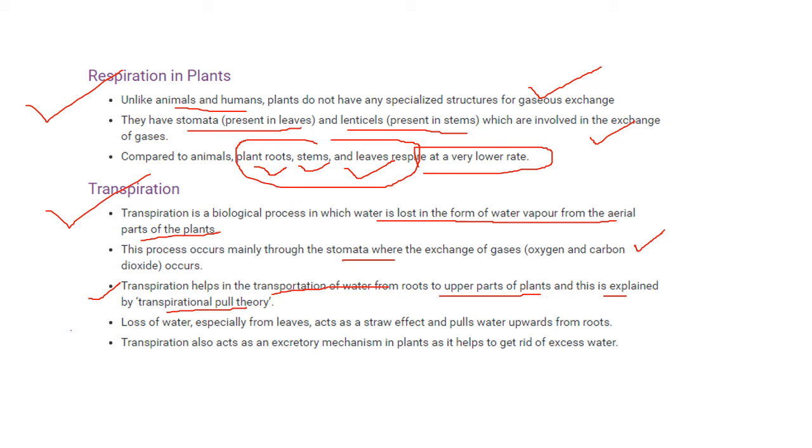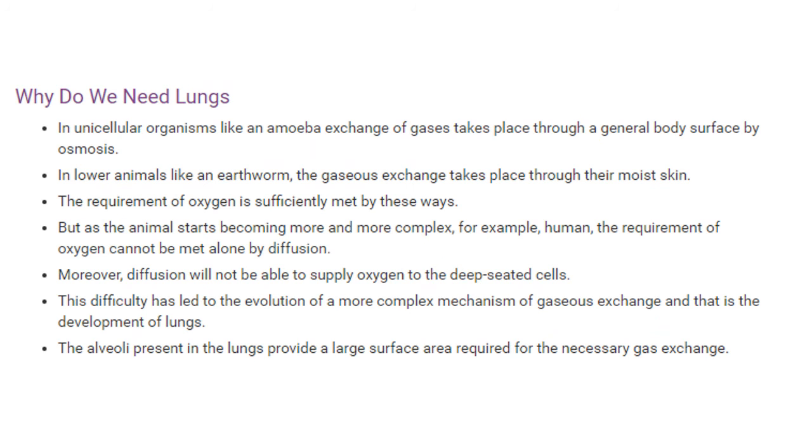The loss of water, especially from the leaves, acts as a straw effect and pulls water upwards from the roots. And transpiration acts as an excretory mechanism in plants, and it helps to get rid of excess water.